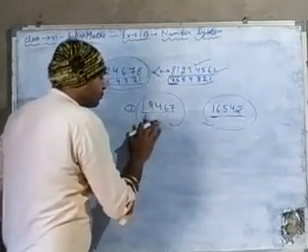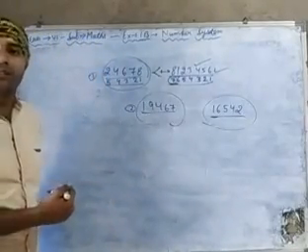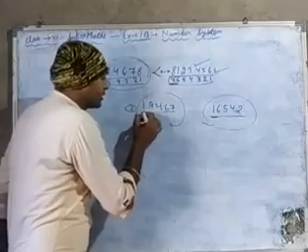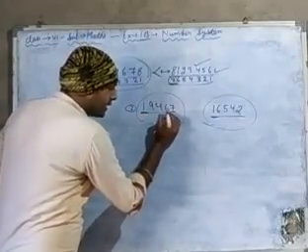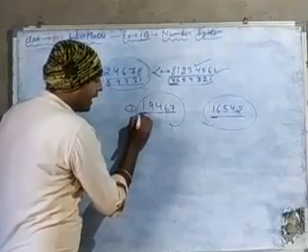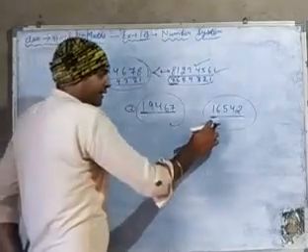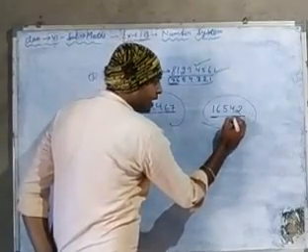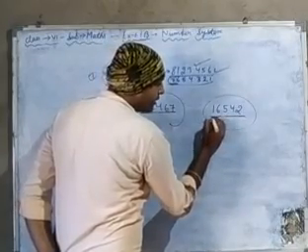Now we have to start from the first digit. Ones, tens, hundreds, thousands and ten thousands, and in this one also ones, tens, hundreds, thousands, ten thousands.